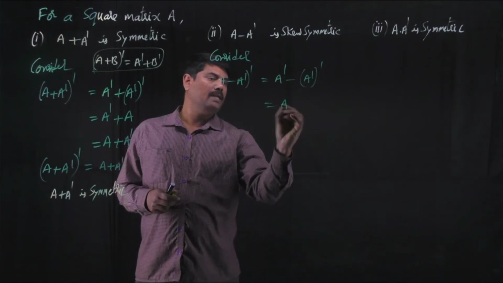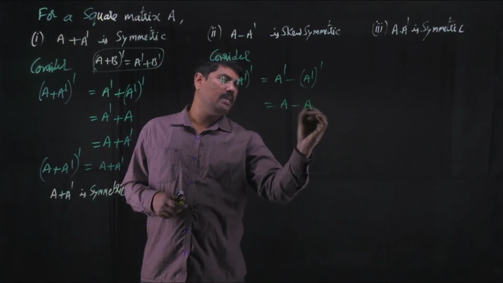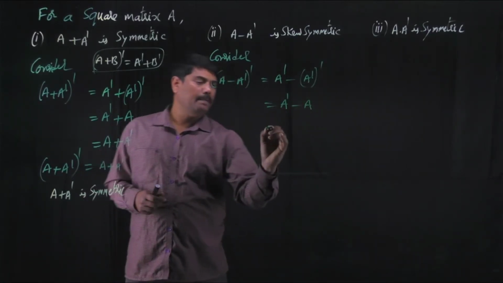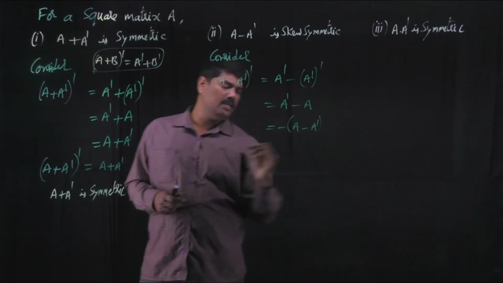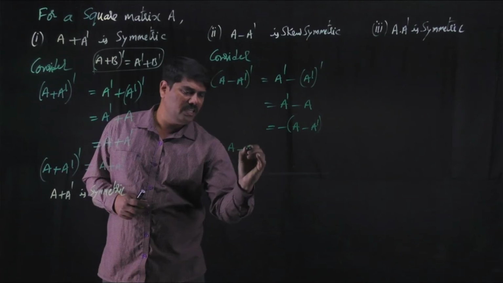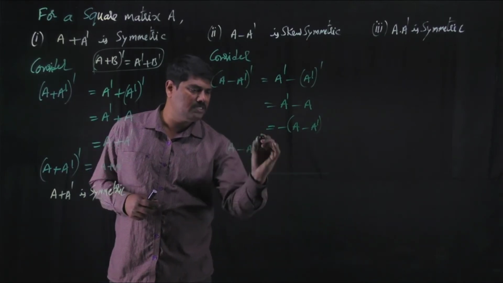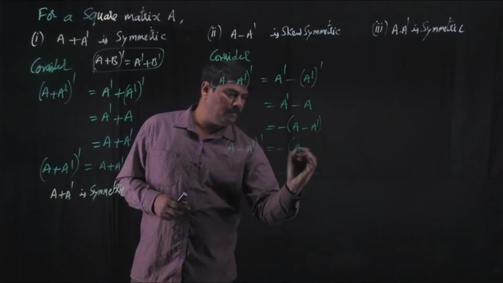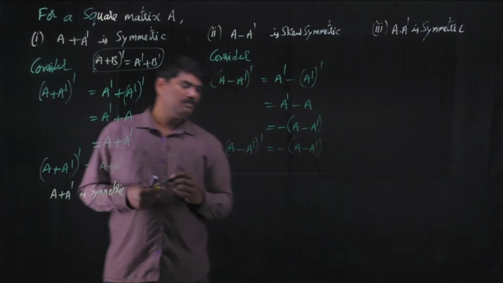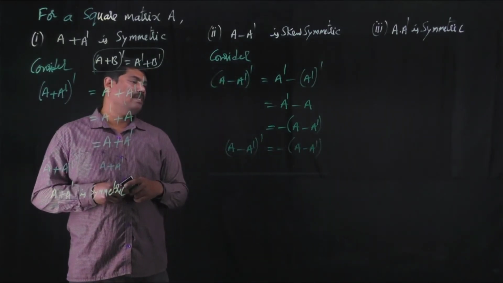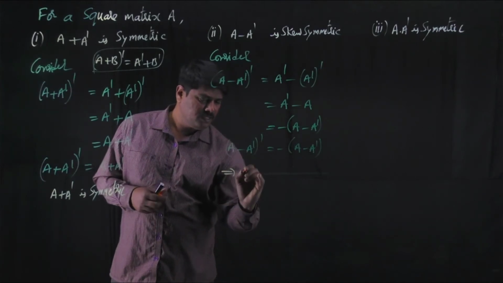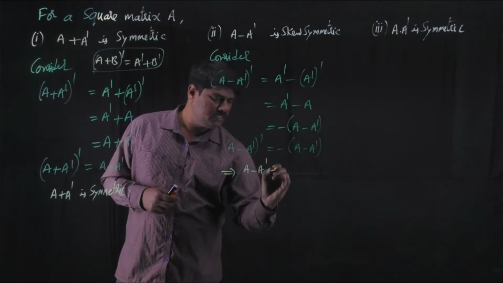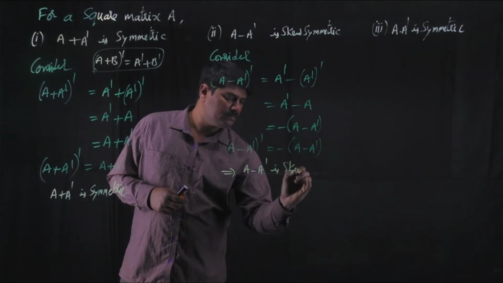A dash dash is A. Separating minus, you have minus of A minus A dash. So you come to the step that A minus A dash whole dash is minus of A minus A dash. This indicates A minus A dash is a skew symmetric matrix.